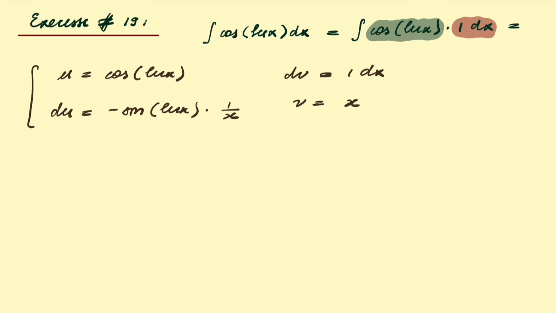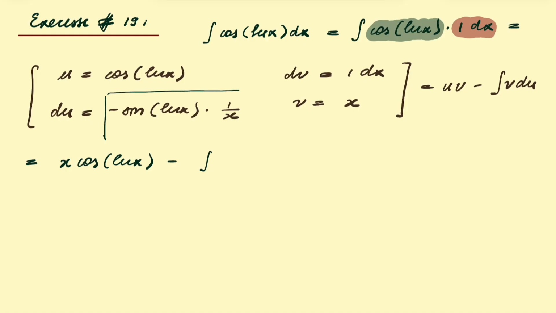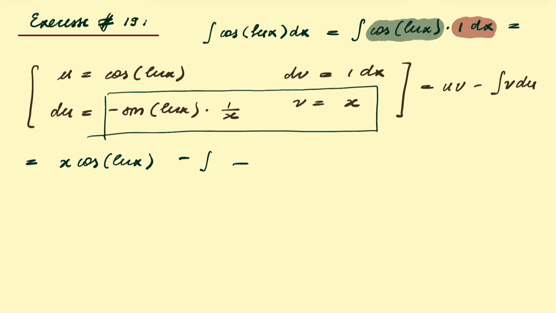v is x. Alright, now we can apply integration by parts, which has the form u times v minus the integral of v times du. So for our expression, it will be x times cosine of ln of x minus an integral of, well, we have now minus sine of ln of x times 1 over x multiplied by x inside. So I propose writing minus here, so it will turn to a plus, like here we have minus here as well.